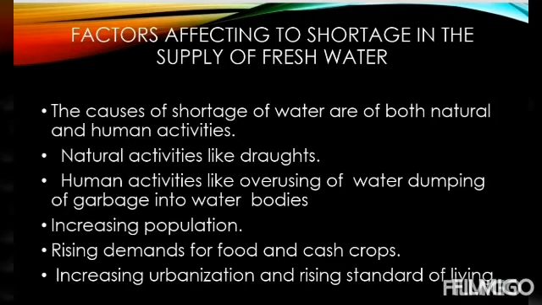The next topic is what are the factors affecting the shortage in the supply of fresh water. According to the WHO UNICEF report, more than 700 million people do not have access to adequate drinking water.